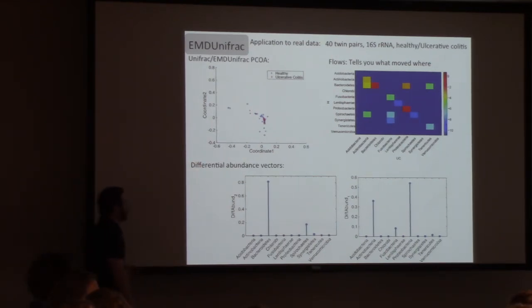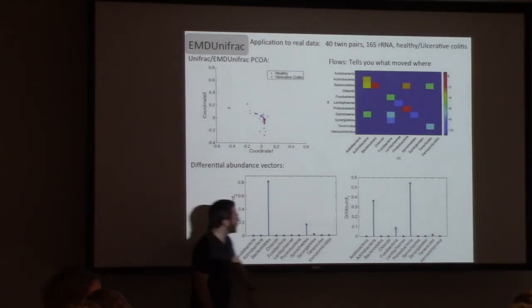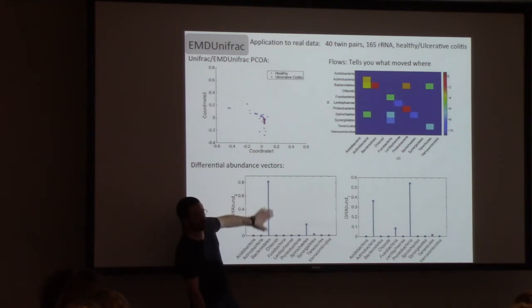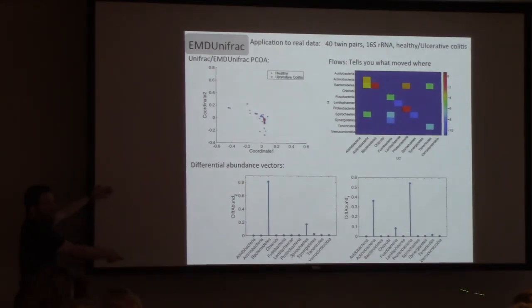So for example, between the healthy samples as compared to the ulcerative colitis ones, there was more Bacteroides in it. You can just read it straight off of one of these plots just by looking at the flux across the edges instead of trying to look at just a single number that UniFrac is giving you.